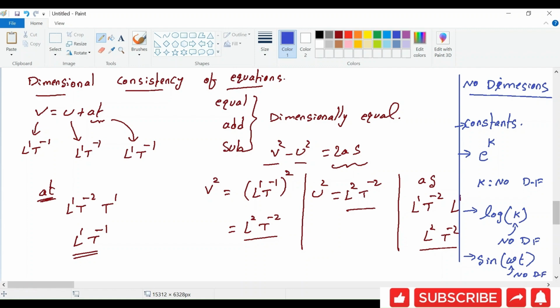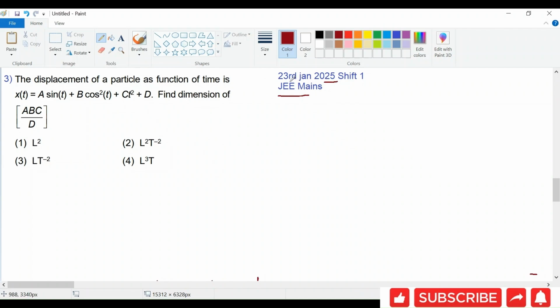Let's understand this better with some examples. Let me solve from PYQs. 23rd January, shift 1. The displacement of a particle as a function of time is given. Find the dimensional formula of A, B, C by D. Whenever there is an equal sign, addition or subtraction, the terms are dimensionally equal.